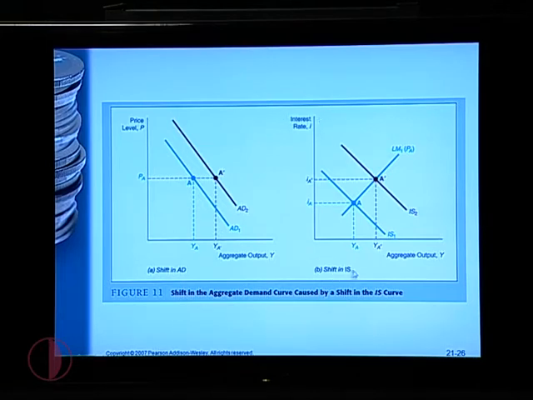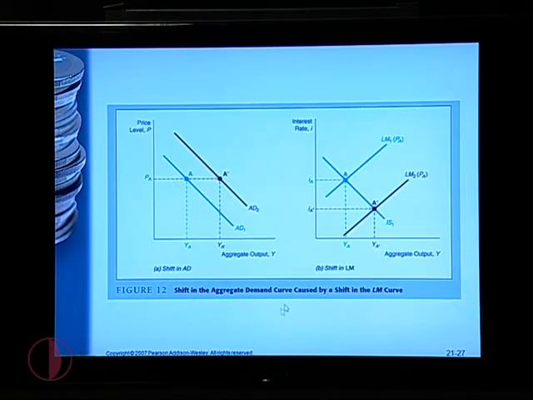And this shift in IS, from A to A prime, IA prime, point A to point A prime, where the LM is fixed, but the IS curve shifts from IS1 to IS2.